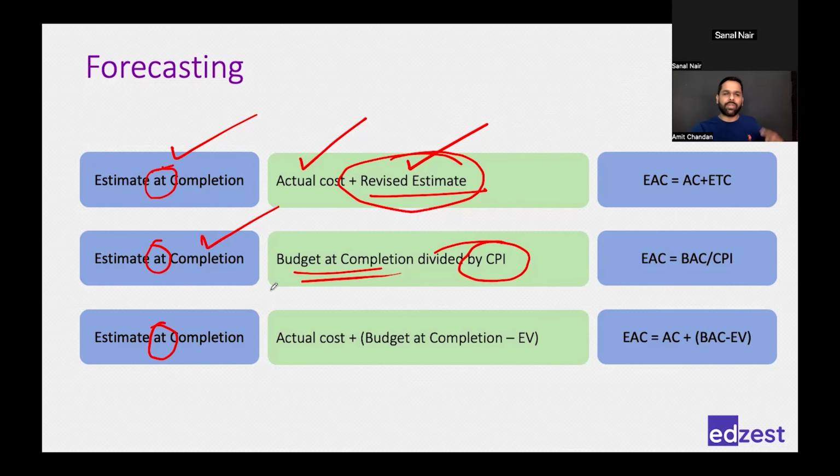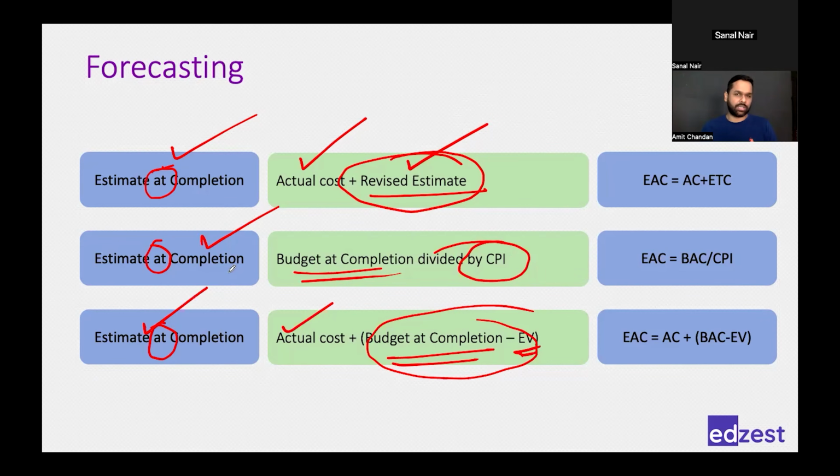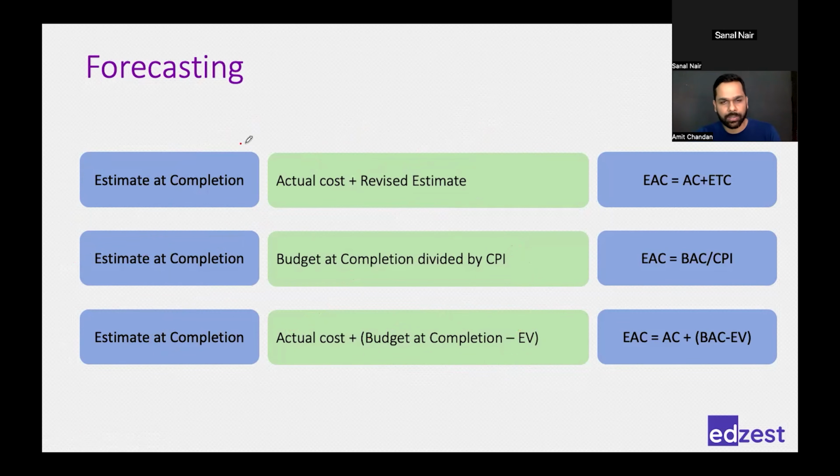But if you think that, okay, it was just a one-off mistake and we have learned from it, we are not expected to repeat the same mistake again, then you subtract your earned value from the initial budget and add whatever you have already spent to it, and you will get your revised budget for the entire project. That's how you estimate the revised budget for the project.